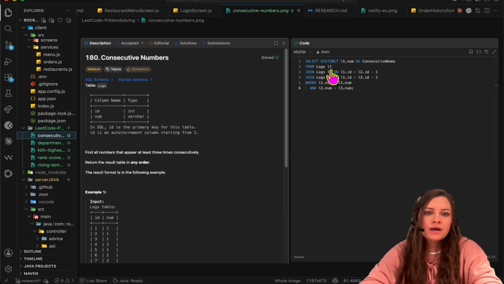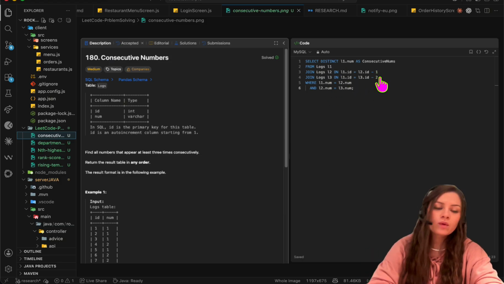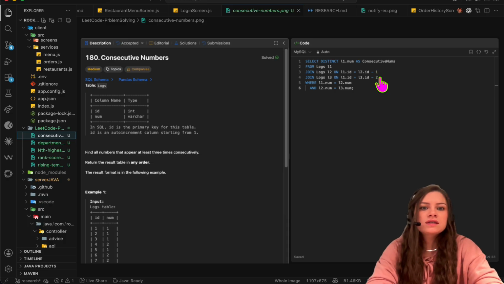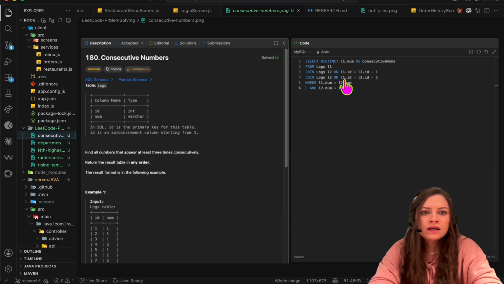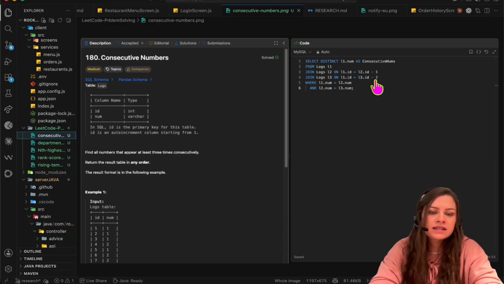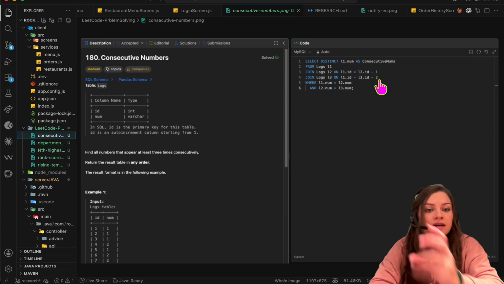But we line them up 1 ID ahead of each other. So L2 is 1 ID ahead of L1, and L3 is 2 IDs ahead of L1. The join conditions, which are L1 ID equals L2 ID minus 1 and L1 ID equals L3 ID minus 2, are what stack them in order.